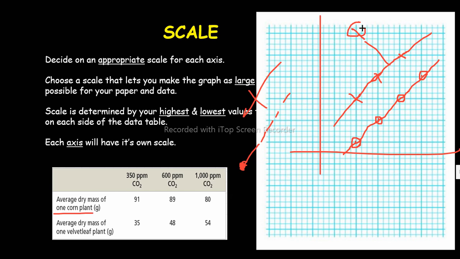You write corn plant. And then you do the same. You write velvet leaf plant. Even when you are plotting, if you decide to use X, then use X for both. If you decide to use this, then use it for both and you label.